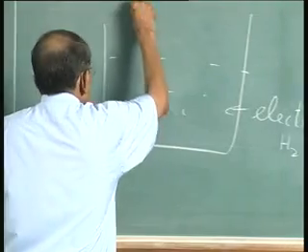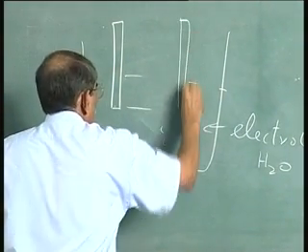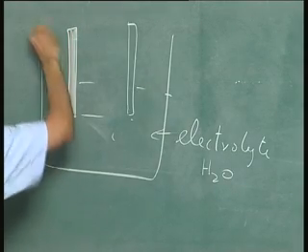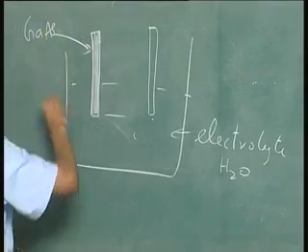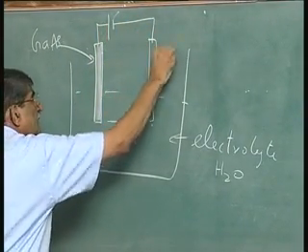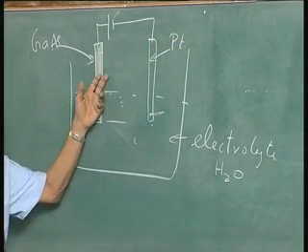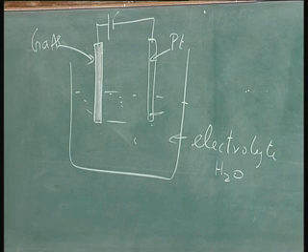And then dip your electrode, and you make this gallium arsenide. This is platinum. Make that positive, make that anode, this is called anodic oxidation. You make the sample which you want to oxidize as anode, that is anodic oxidation.